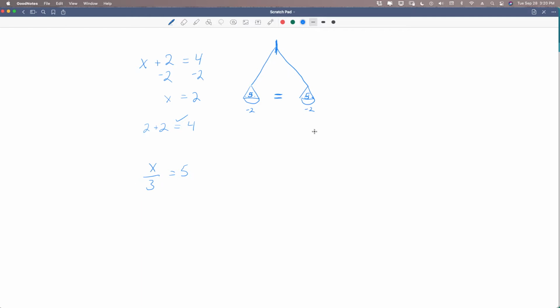It's the same thing as the scales we're looking at over here. If we divide here and we undo that, so we multiply everything times 3, this cancels out because when you multiply and divide a number by the same number, they cancel each other out.